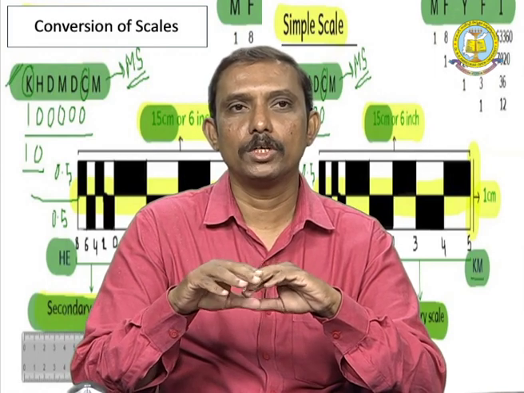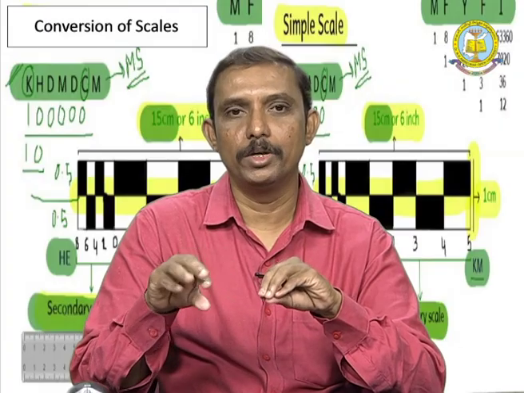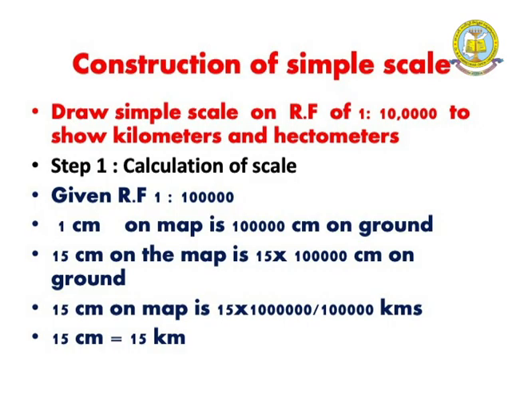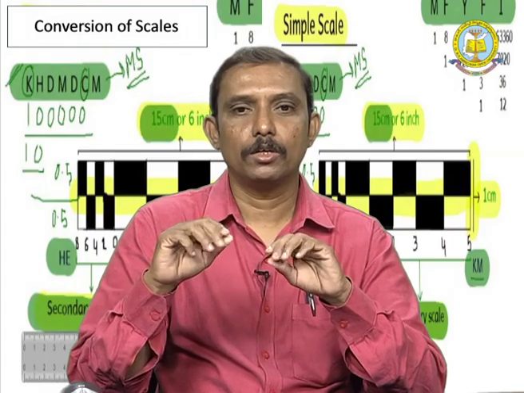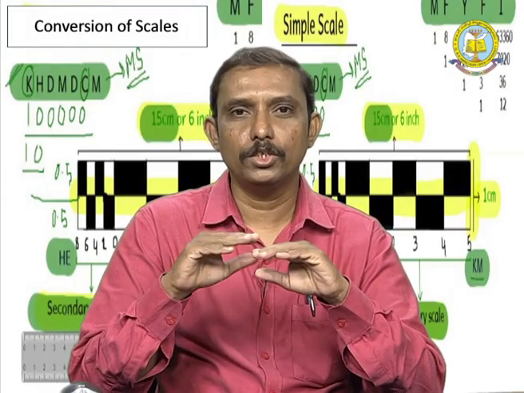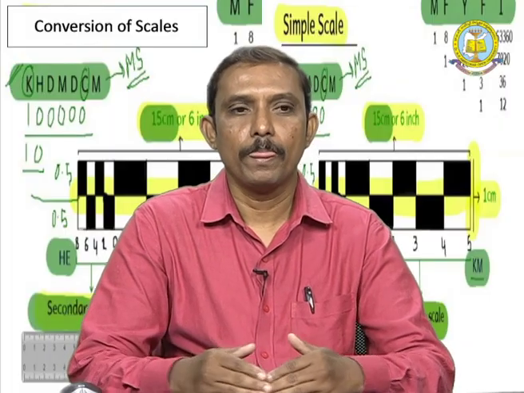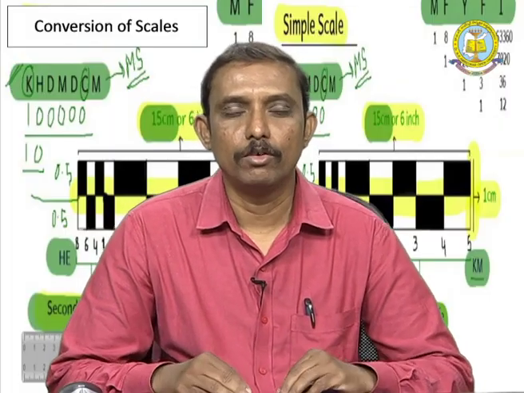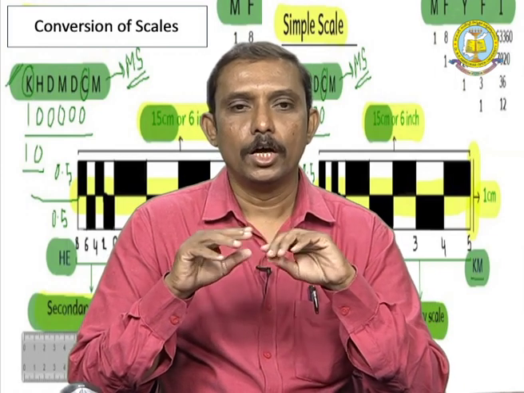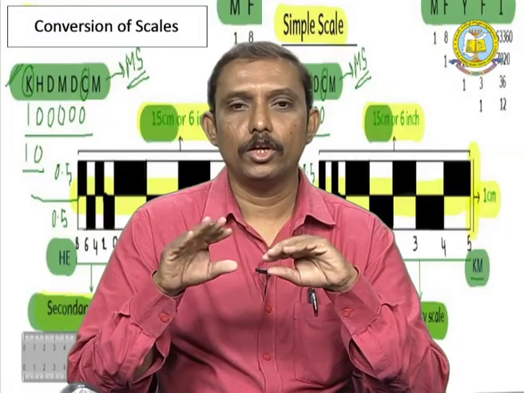Why? Because 1 centimeter is equal to 1 by 1 lakh kilometers. After doing the calculation, you will get that 15 centimeter is equal to 15 kilometers. Your scale is like that: 15 centimeters on a map represents 15 kilometers on the ground. The calculation part is over.